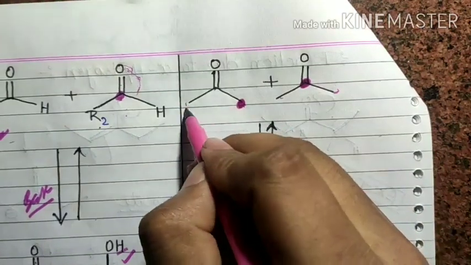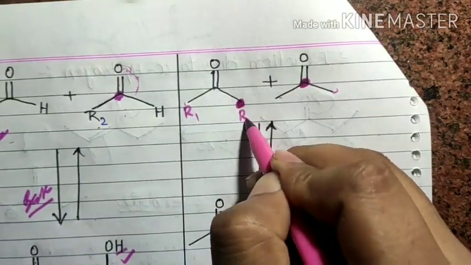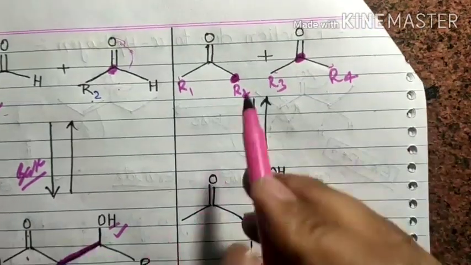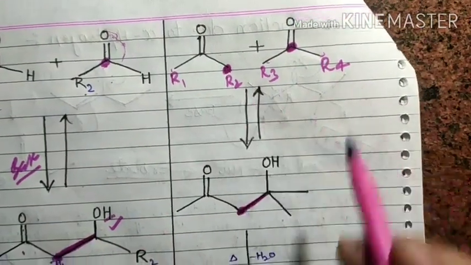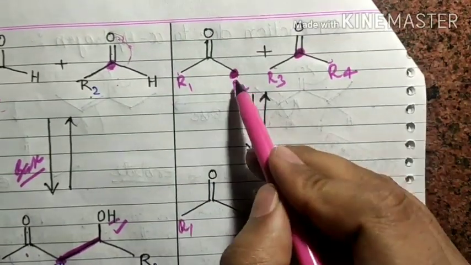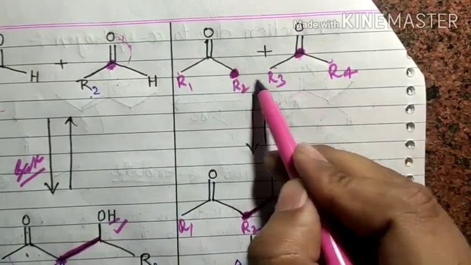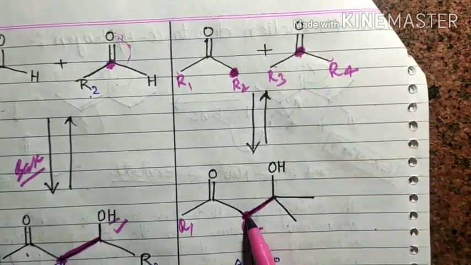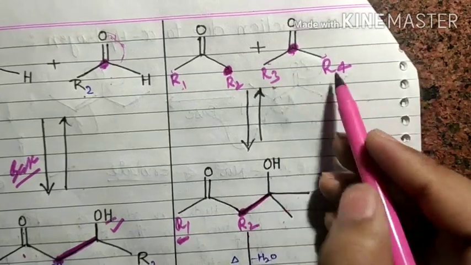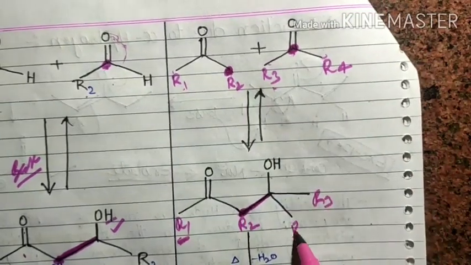And here this one is R1, this one is R2, this one is R3, and this one is R4. If the R2 center forms the enolate, R2 goes to this place and R1 is here. Because it is an enolate, it acts as a nucleophile, so a new bond forms between this carbon and this carbon. R1 is free. R3 and R4 are clearly here.